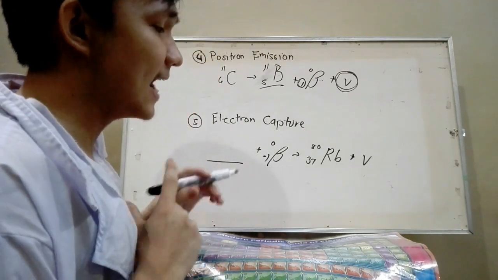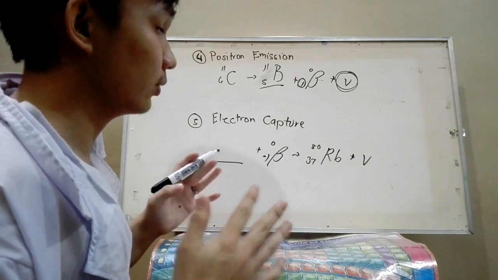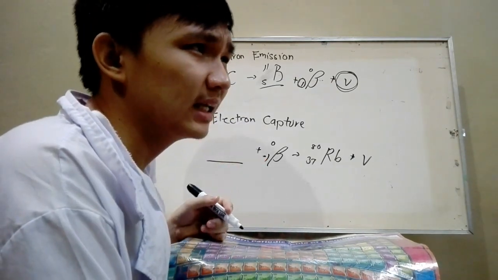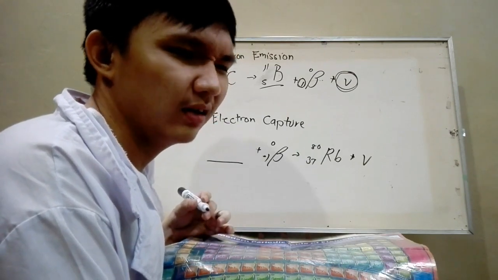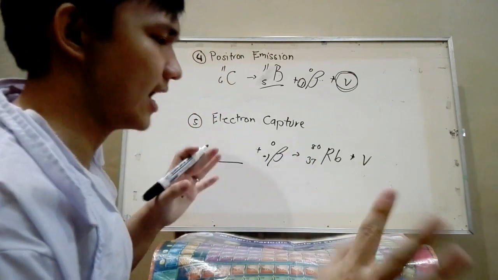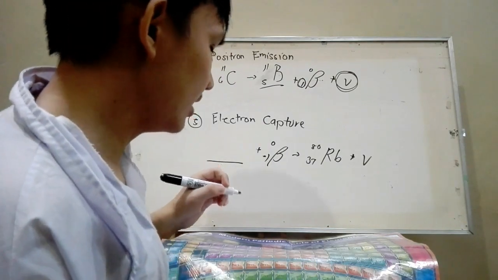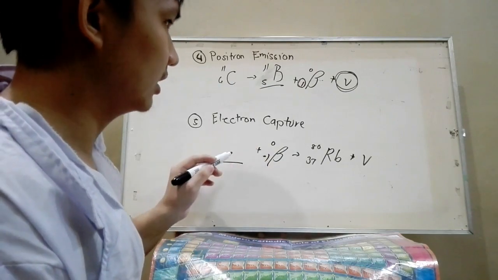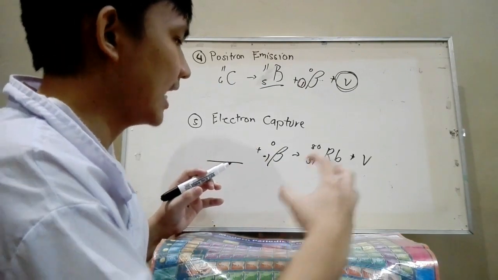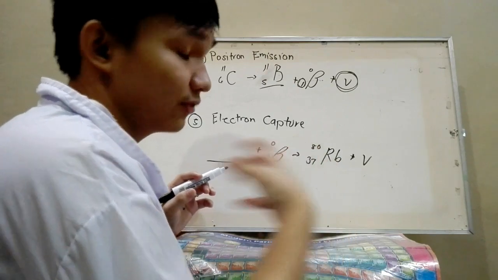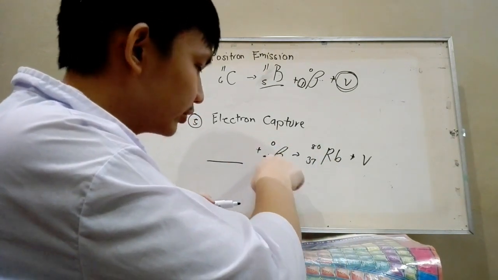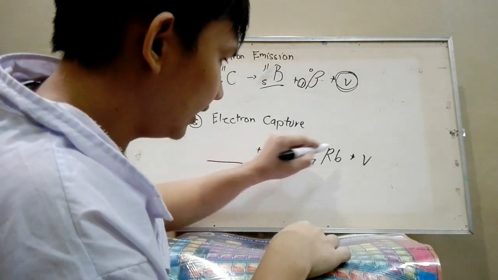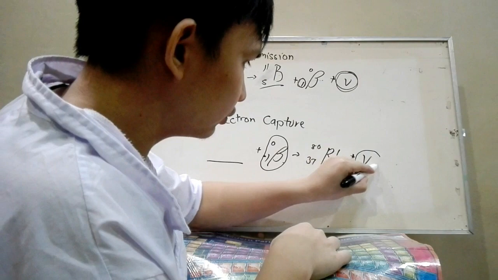Number 5, the last nuclear reaction equation here, is electron capture. Or sometimes it's called K capture because of, I think, the K shells. Anyway, in this equation, you will have to capture an electron, based on my understanding. So it captures an electron here, but in here you have only a neutrino.